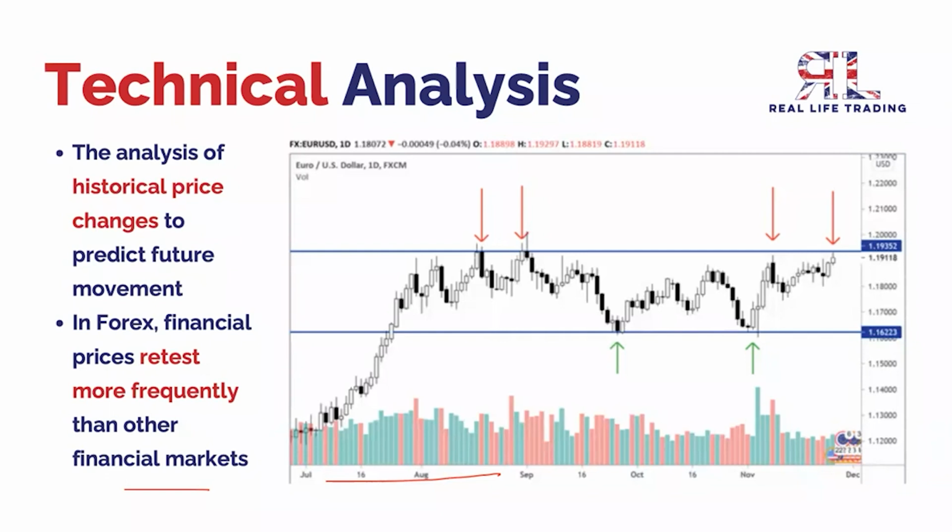And in Forex, the reason why it's really important that we look at support and resistance historically, which we'll just cover, is that price retests more frequently than any other market, in my personal opinion. I think the only other market that really comes close would be futures. But yeah, it really retests a lot. And what do I mean by retest? So as you can see from the diagram here, we have these two blue lines.